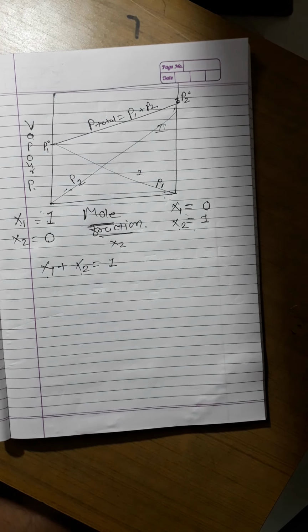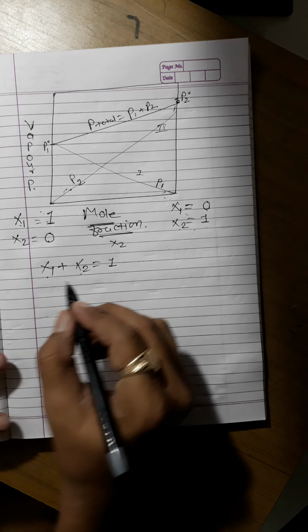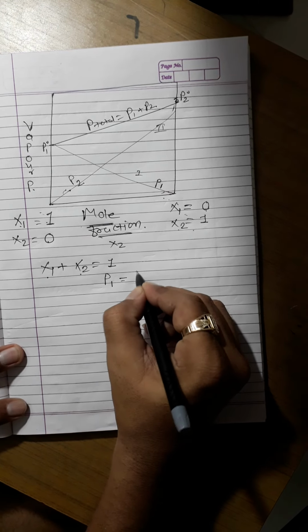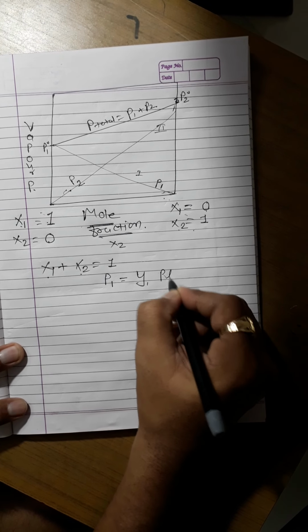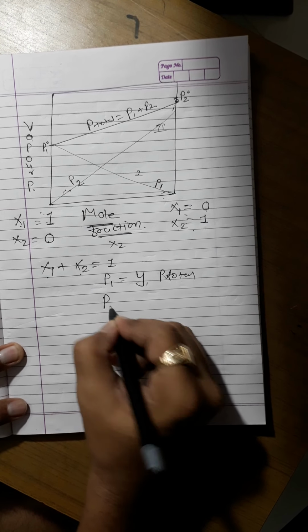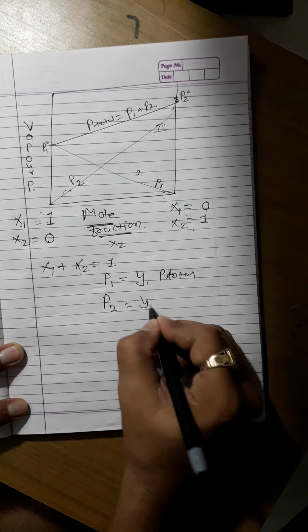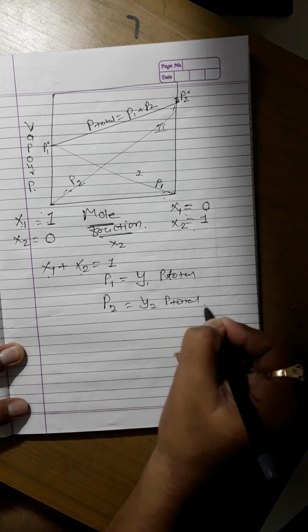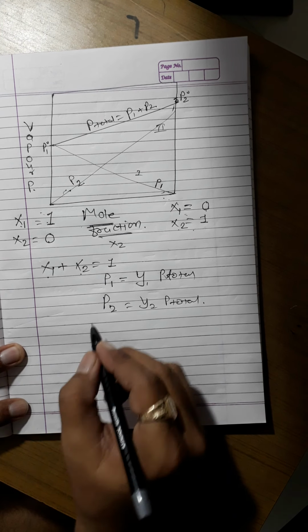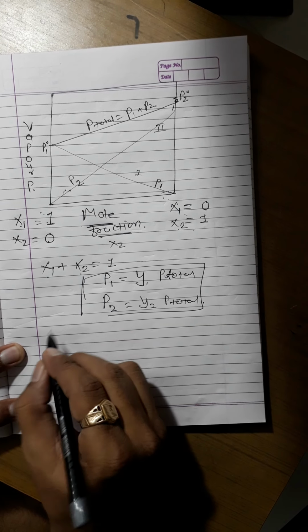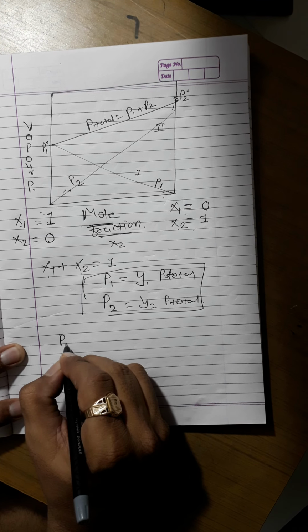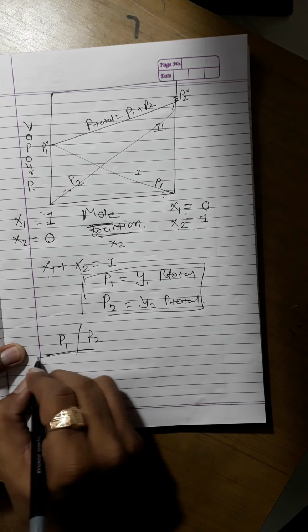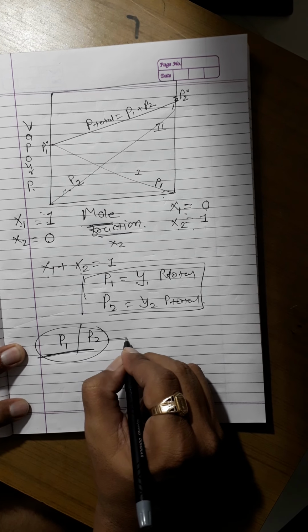So this is the graph you can consider, and in two different cases we can consider two different formulas, that is P1 is equal to y1 into P total, as well as P2 is equal to y2 into P total, friends. So what is it, friends? This is P1, P2, two components we have taken and their pressures are there.